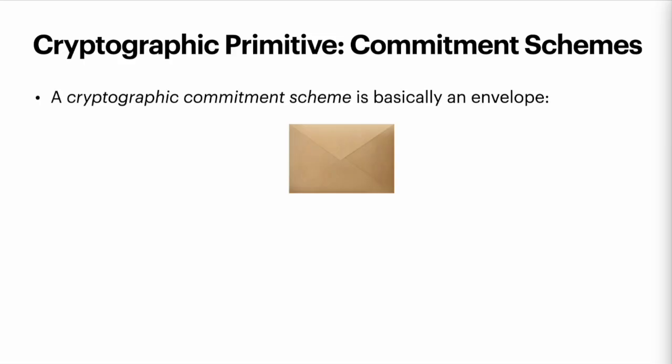A commitment scheme is fancy cryptography talk for an envelope. So the basic idea is I can't change my value once it's sealed inside the envelope. If I generate a commitment from a particular value, say 1 Bitcoin, it's infeasible to find a second value that opens to the same commitment. So I later can't come along and say, it wasn't 1, it was 5.